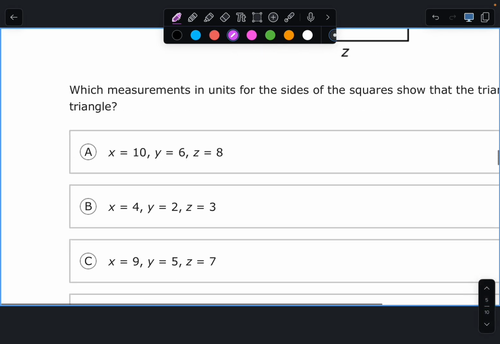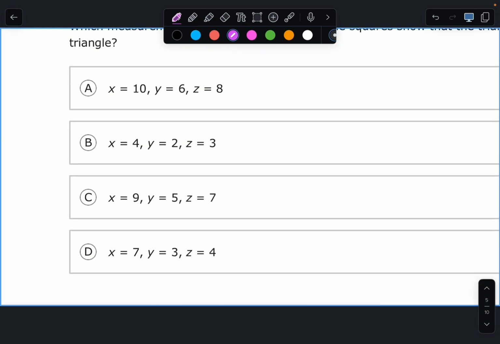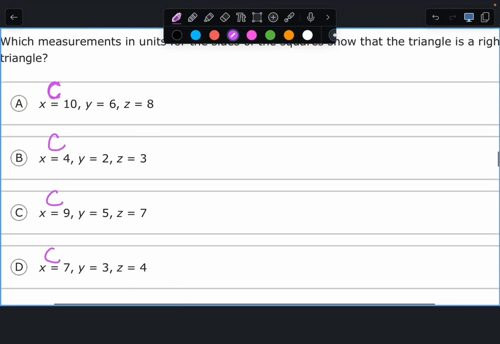Okay. So which one is technically side C on A? X. What about on the next one? X is the biggest number on all of them. Yes? All right. So now the smallest number is A.